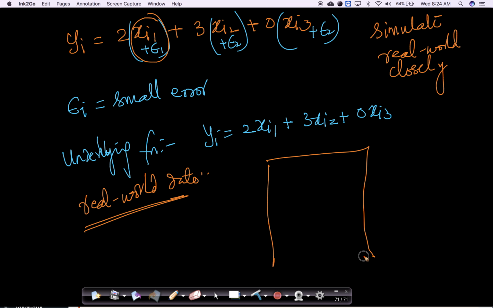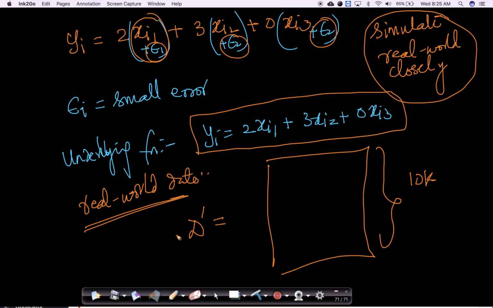This is simulated data because in the real world, data is never perfect. There will be all sorts of abnormalities, outliers, noise, tons of things. Now on my new data set D dash, remember this data D dash is different from D. D is perfectly simulated data. D dash is a real world simulation using errors.